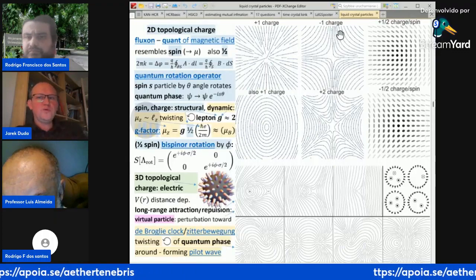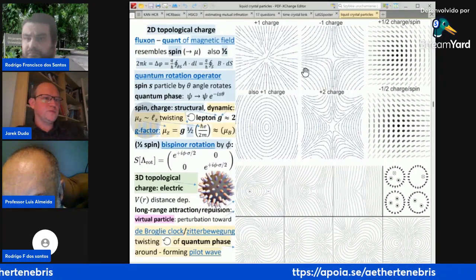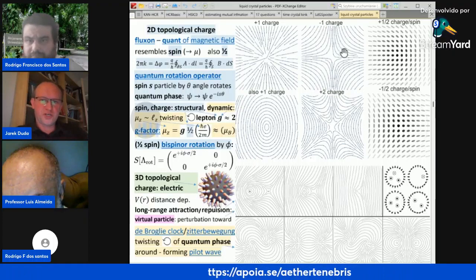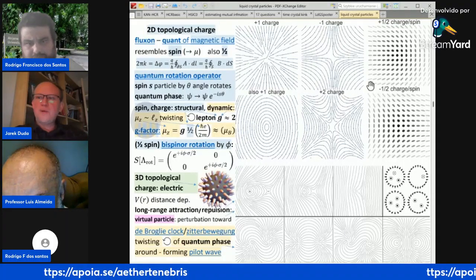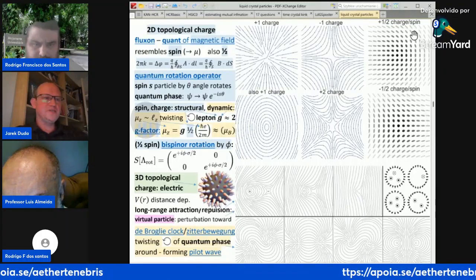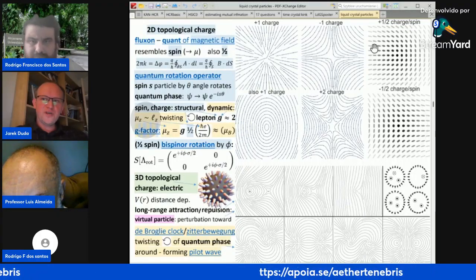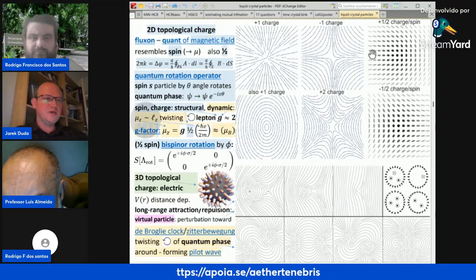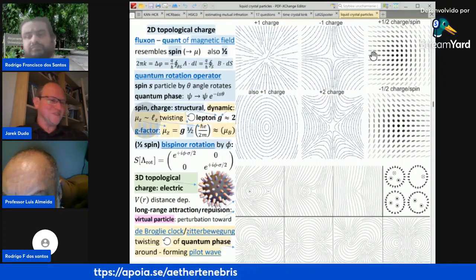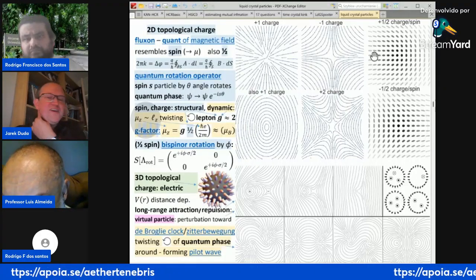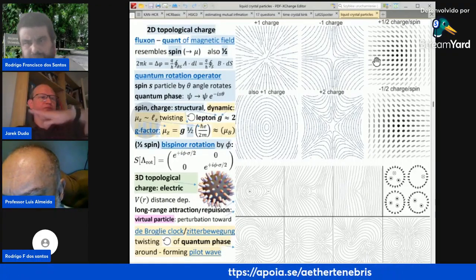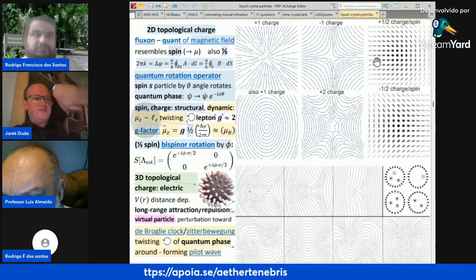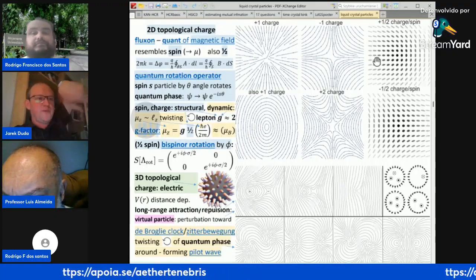Here, if you go around, the field rotates -1 time. So this is -1 topological charge. Here it rotates twice, it's +2 topological charge. But here it rotates 1/2. If you go around, the field rotates 1/2 times. So there is some magic. Did you violate the topological charge quantization? No, because if you rotate by pi, the field rotates by 2 pi.